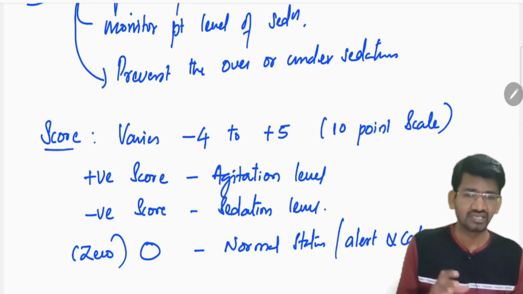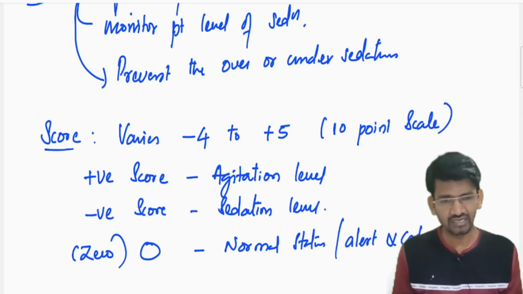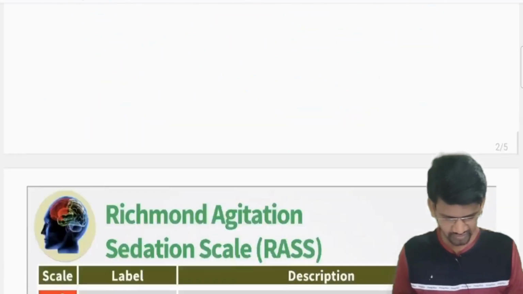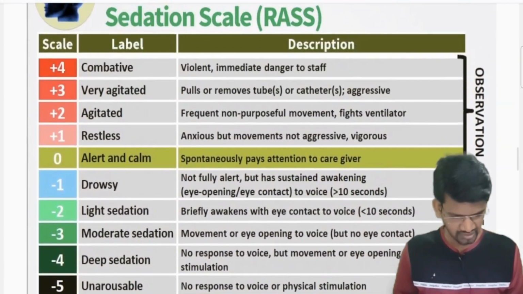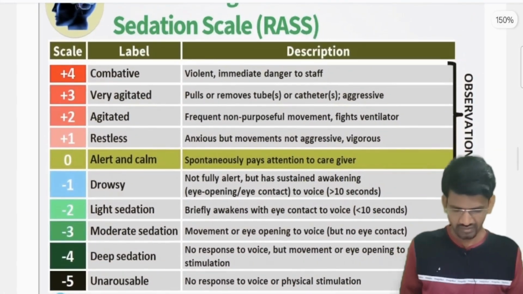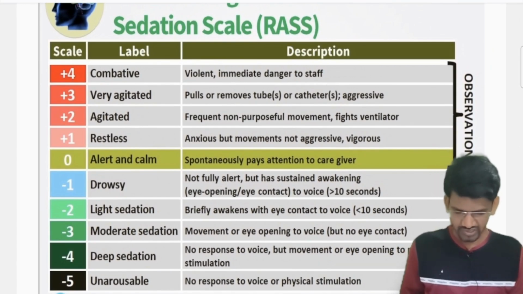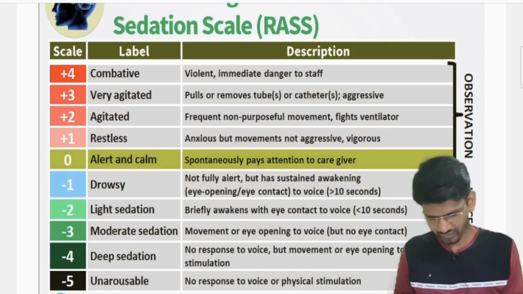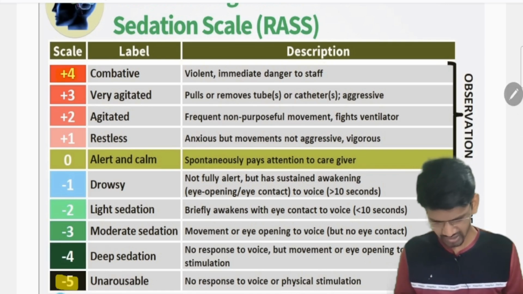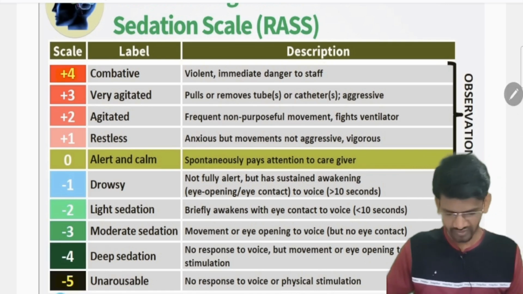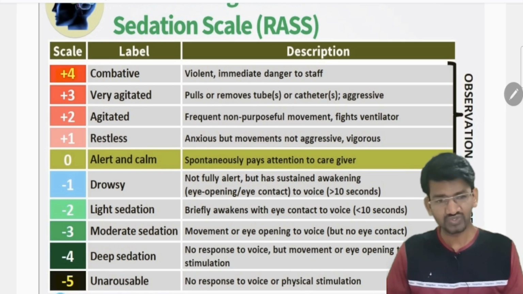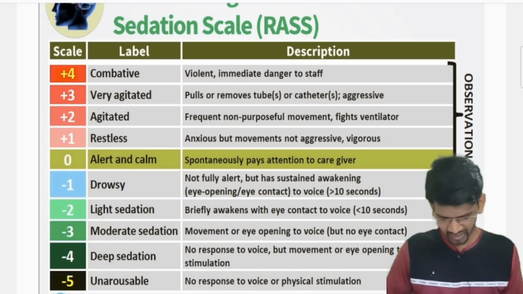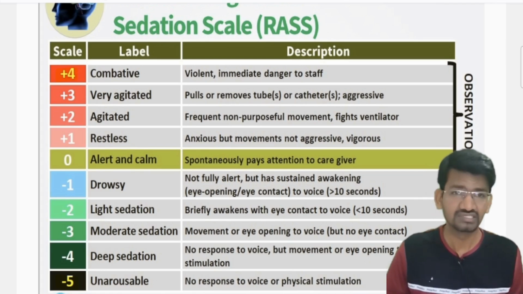Now let's see how this scoring is done in the RASS. Here we can see this scale or chart. I have told you the scale will be from +4 to -5. The positive score indicates the agitation level, whereas the negative score indicates the sedation level.